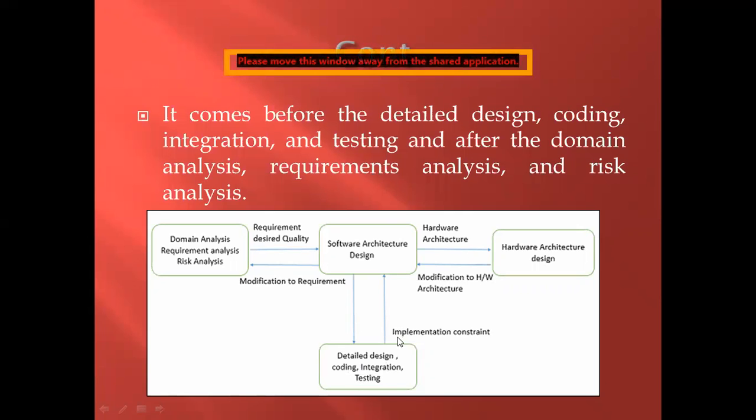If there is some implementation constraint, then again we can return here, because this has connectivity with the software architecture design. Now we can change here if a need arises. After that, again we can change the hardware architecture design, and then we can complete our product. So these are the basic things we can see here in the block diagram.